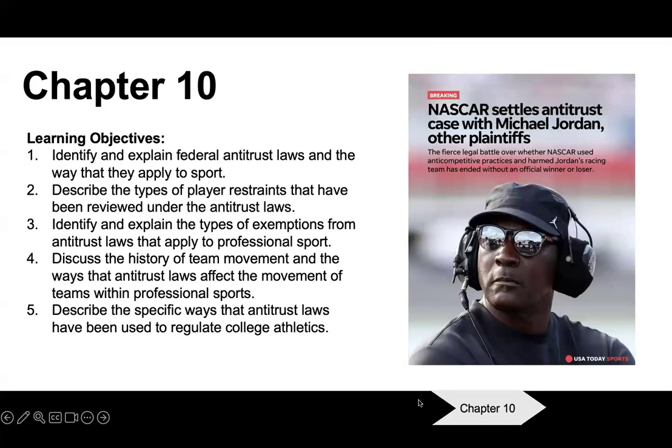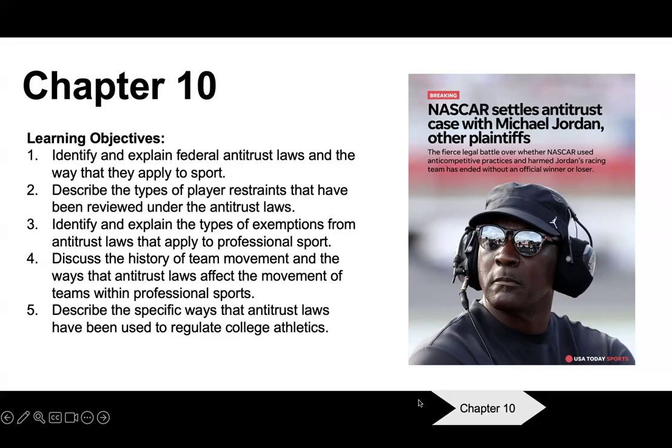To conclude our chapter overview, we're now going to discuss Chapter 10, which covers antitrust law. This chapter, as a full disclosure, would be a complete law class that we would spend a lot of time discussing. Antitrust law can be very dense and philosophical because it weaves together economic as well as commerce and trade intersections with the law.